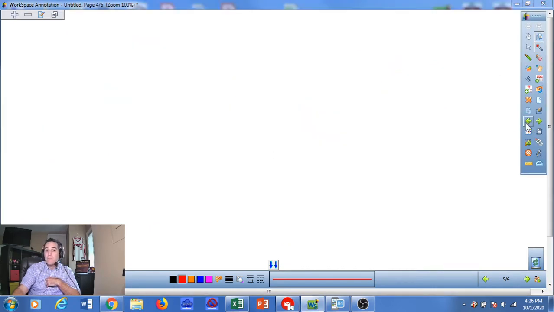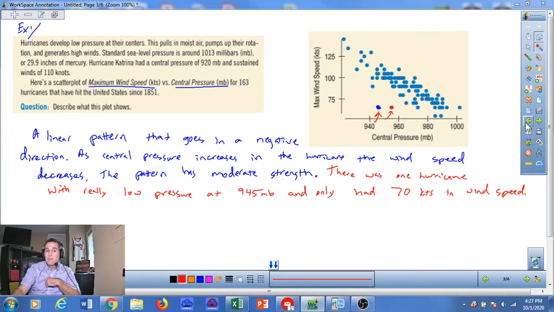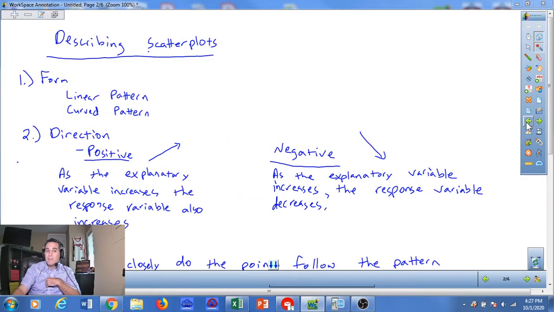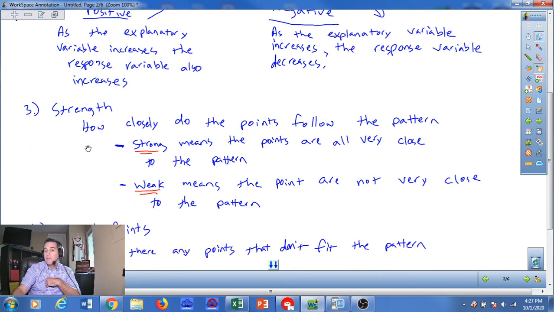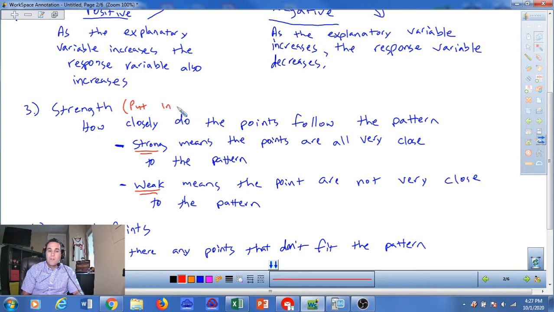So when you describe strength, I didn't write it on there, but when you're back there describing strength in your description, this is a good place to put in correlation. If it had a linear pattern, put in correlation if it's linear.